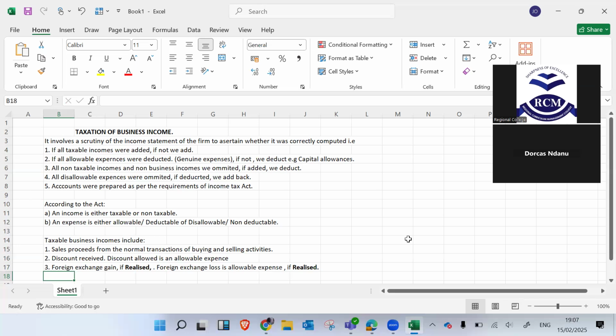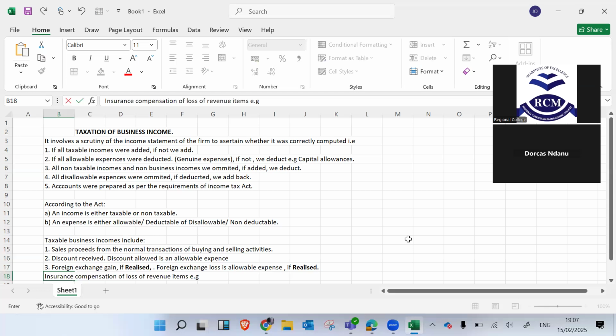We can have insurance compensation on loss of revenue items, e.g. stock or sales. That becomes a taxable income. Insurance compensation on loss of stock.